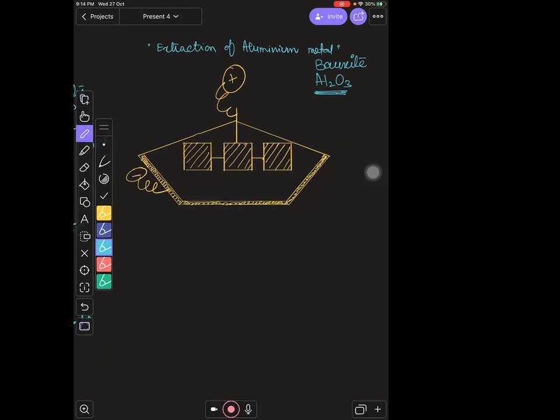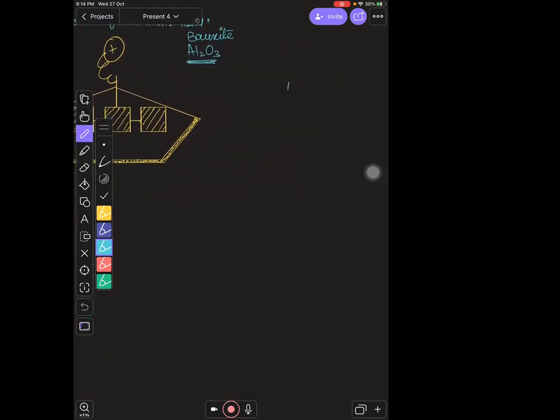Now, one more thing for your information. For example, if you talk about NaCl, Na is positive and Cl is negative. And the NaCl structure is just like this. This is the crystal lattice of NaCl, right? Each positive ion is attracted by 6 negatives, and every single negative is attracted by 6 positives as well.